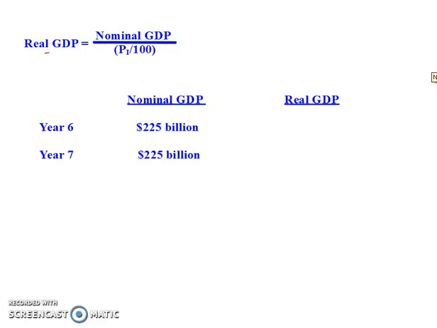So let's say that in year 6 economists have gathered all the data, and we found that the nominal gross domestic product in year 6 was $225 billion. We produced $225 billion worth of final goods and services inside the country in that year.